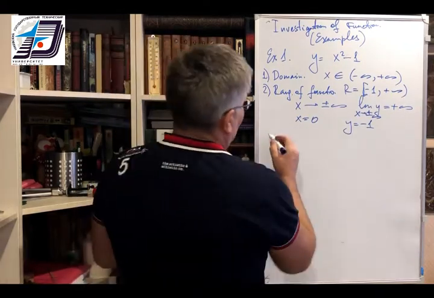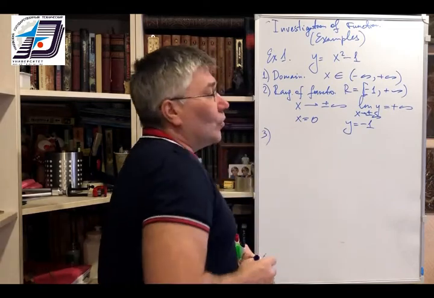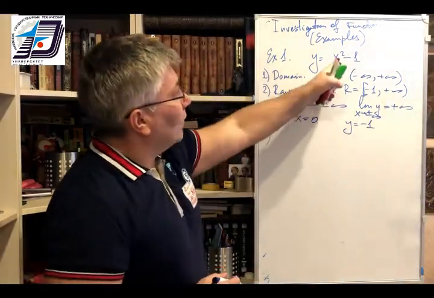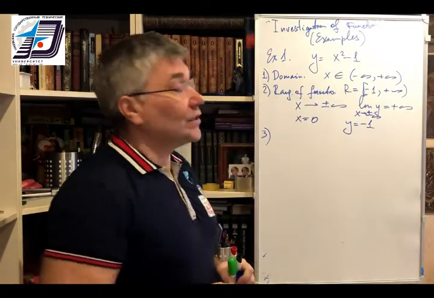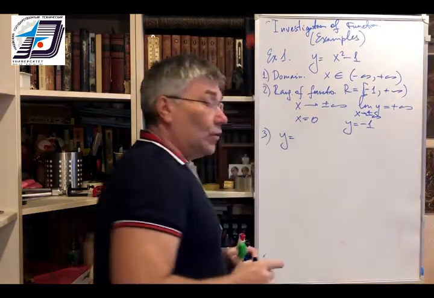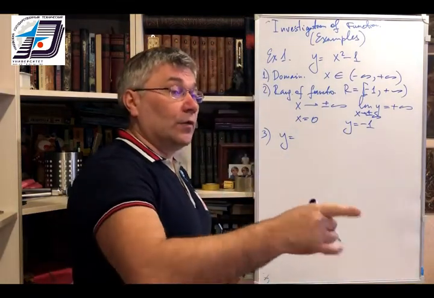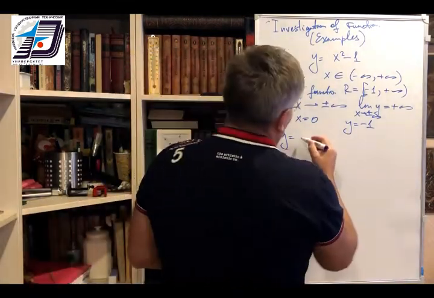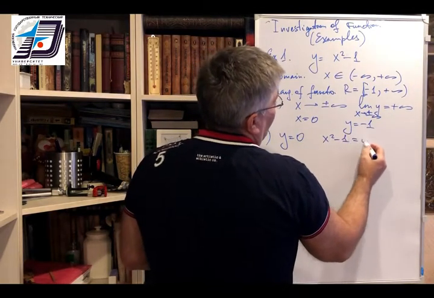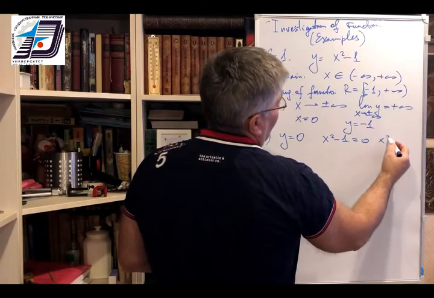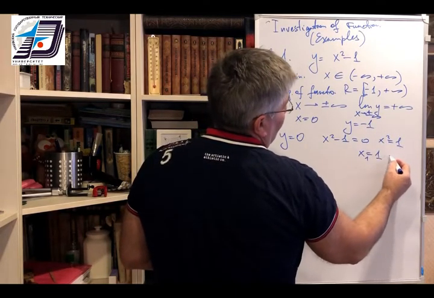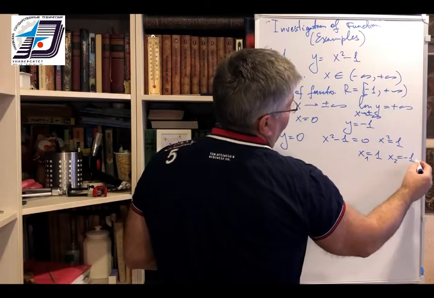What else can we see? We can see the so-called zeros of the function, or points when this given function intersects axis x. You can notice that I'm following the given rules. y equals 0, so x squared minus 1 equals 0, x squared equals 1, x1 equals 1, x2 equals minus 1.